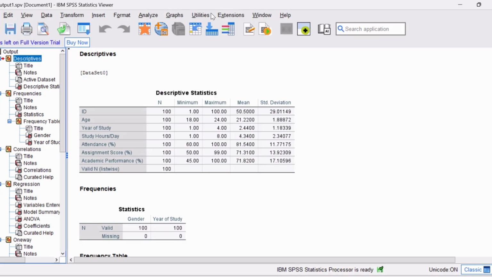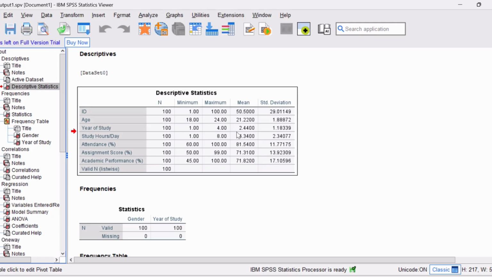To begin with, we'll look at our descriptive statistics table. Descriptive statistics provide a summary of your data in terms of averages, minimum values, maximum values, and standard deviations.